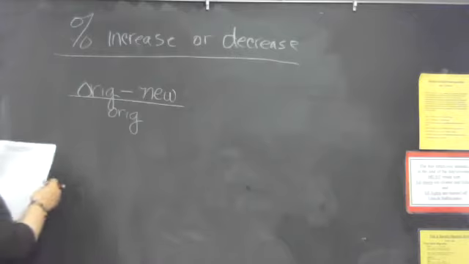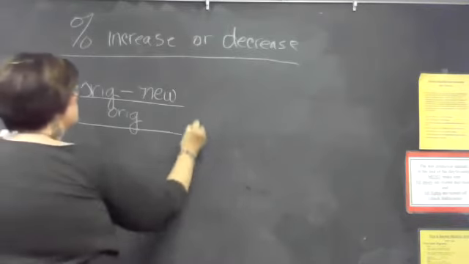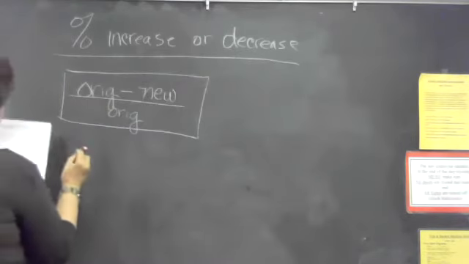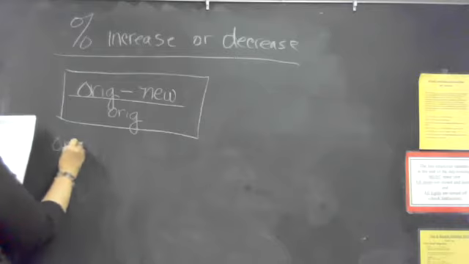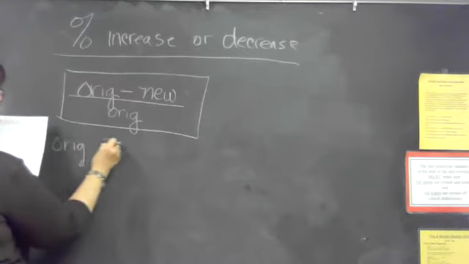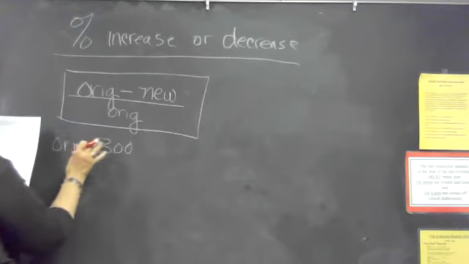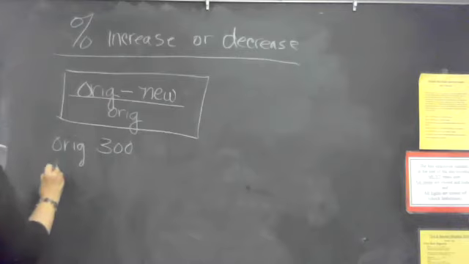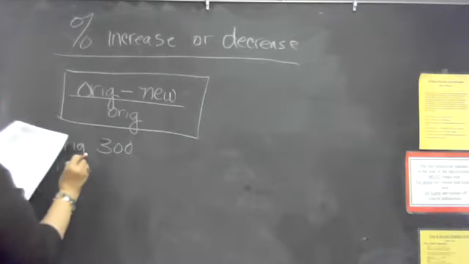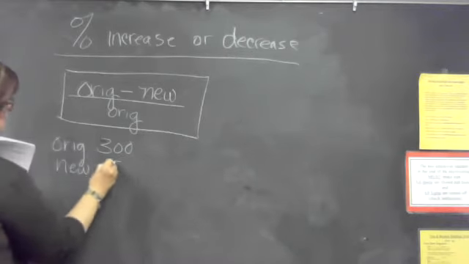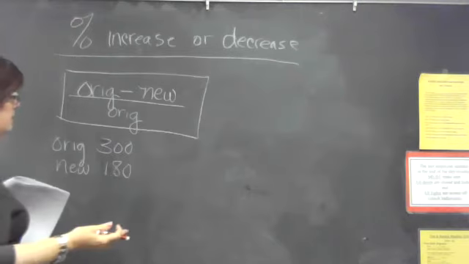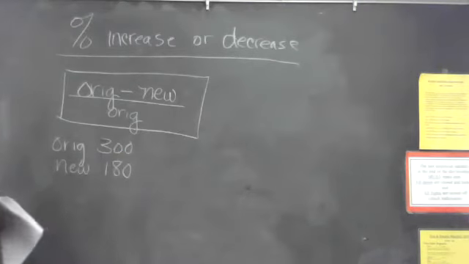Okay, so let's look at number 1. Number 1 on the worksheet says the original amount is 300. They don't say whether it's dollars or elephants. We don't know. The new amount, they said, is 180. So already you can see that this is a decrease. It went down, right?